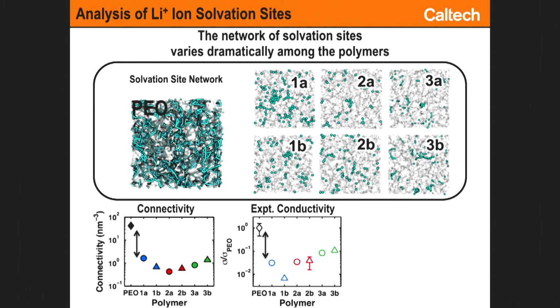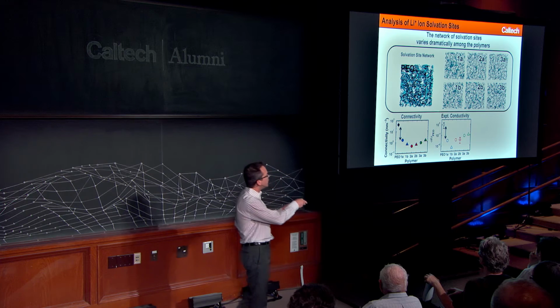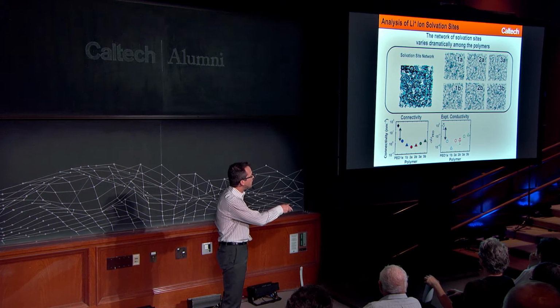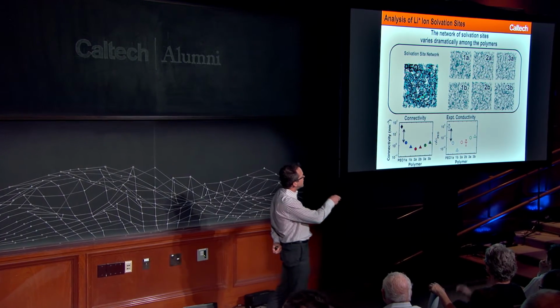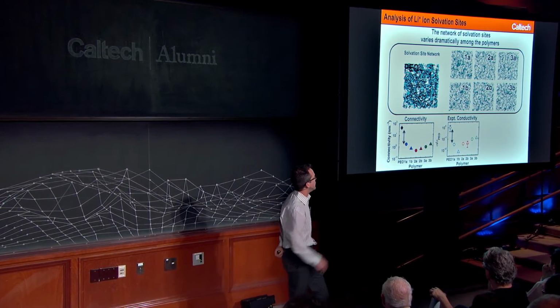And if one looks at the density of these different edges between local solvation sites in this way, these are the different experimental conductivities, again with PEO outperforming all these other polymers, and we see that exactly the same behavior comes from the calculated connectivity of these different sites.